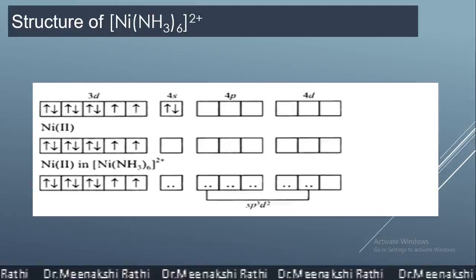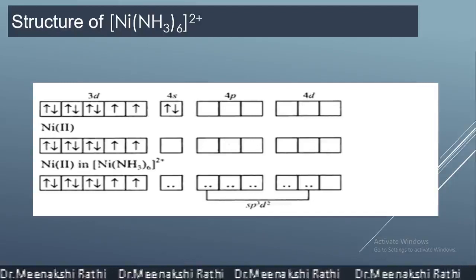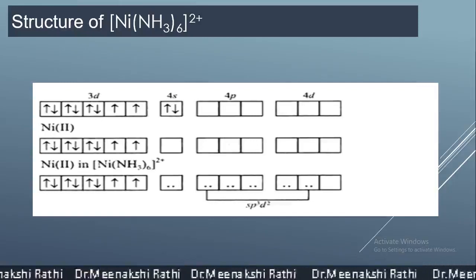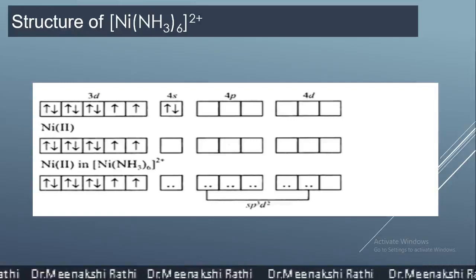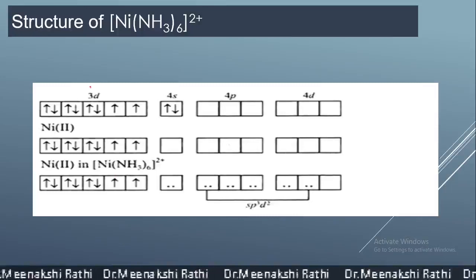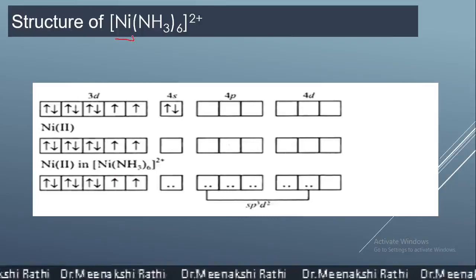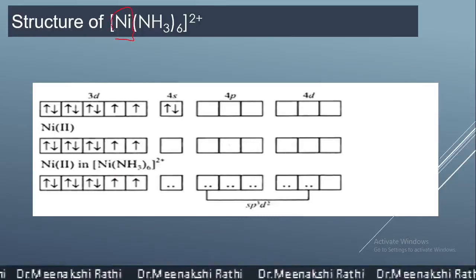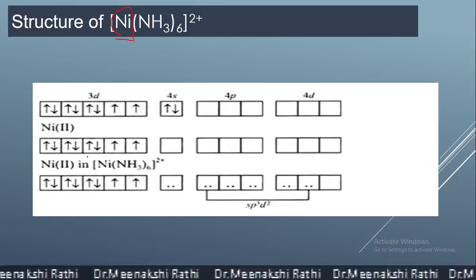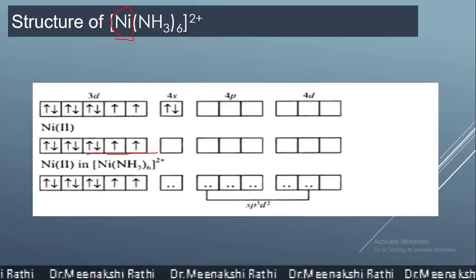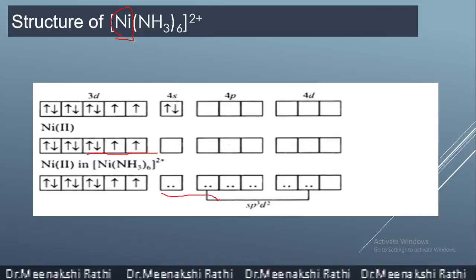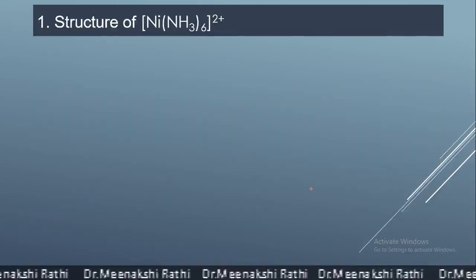The next example is the hexaamine nickel ion, which is represented here. In this, the central metal ion is Ni2+, whose electronic configuration is like this, and it uses sp3d2 hybridization.